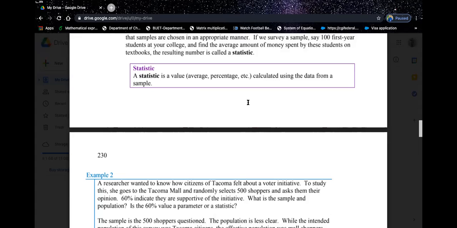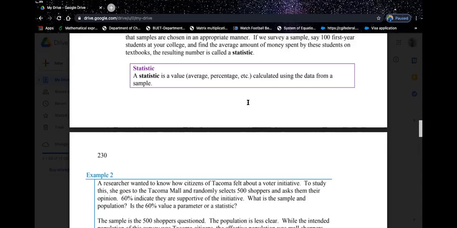What would the population look like? Remember, the researcher wanted to know how the citizens of Tacoma felt about a voter initiative. Because these 500 shoppers look like a smaller subset of something, what would be the superset? What would be the population?